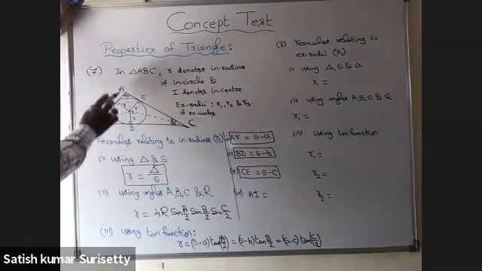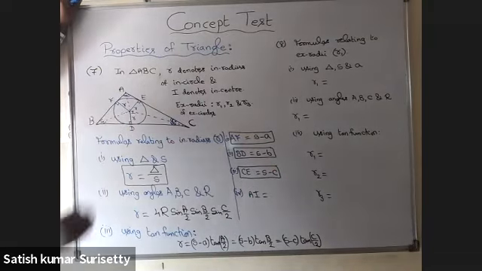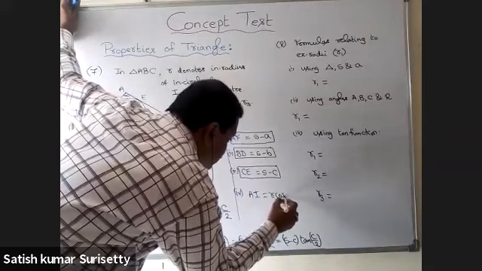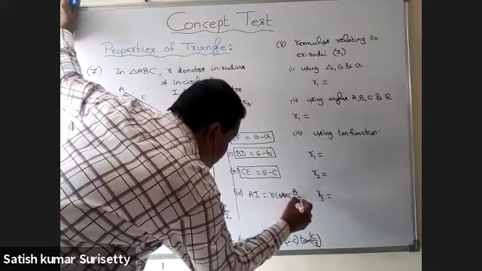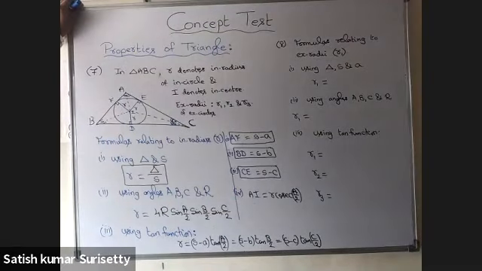And length of AI, that is distance of the vertex A from the incenter, is r cosec A by 2, that is in terms of inradius.